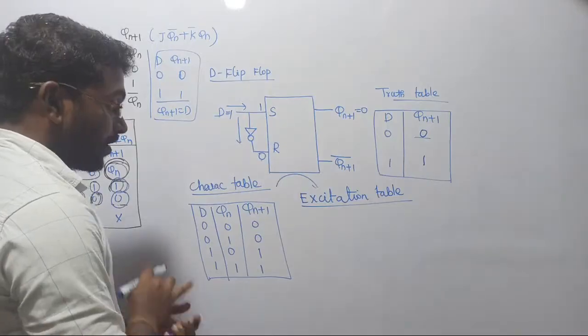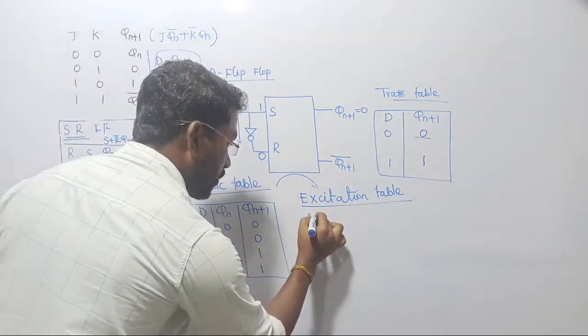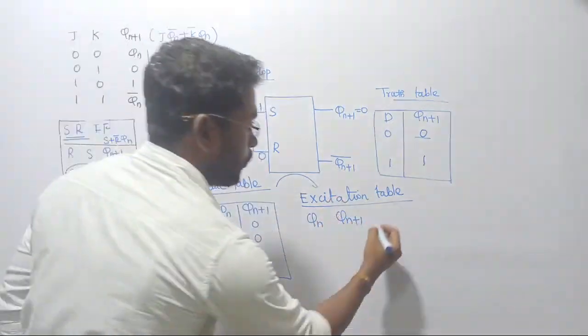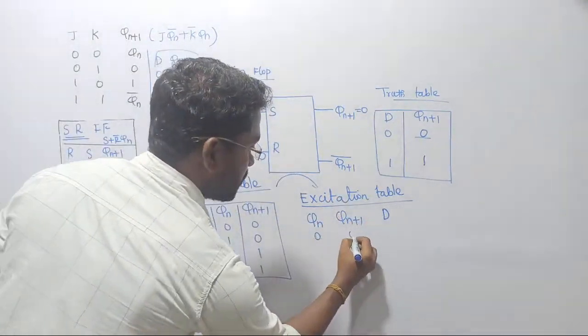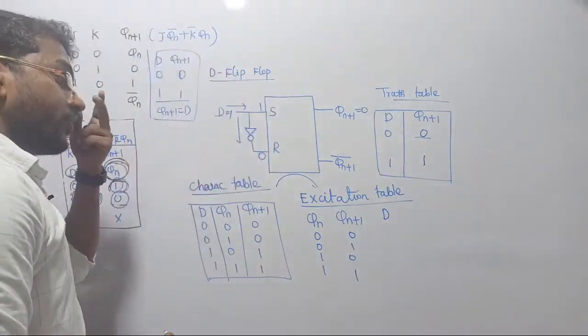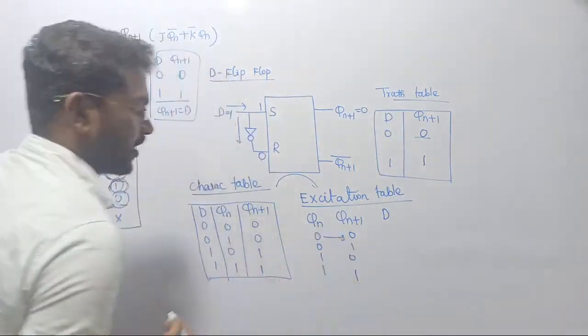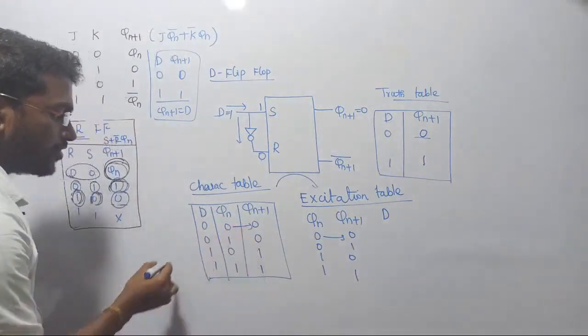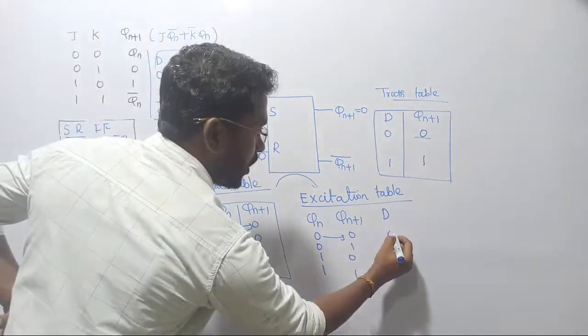In the excitation table, what we have to do? We are going with the present output and past output. Happily we can design the input now, right? So there are 4 possibilities: 0 0, 0 1, 1 0, 1 1. Whenever we are going from 0 to 0, past is 0, present also will become 0. It's possible. Corresponding input is 0 only.